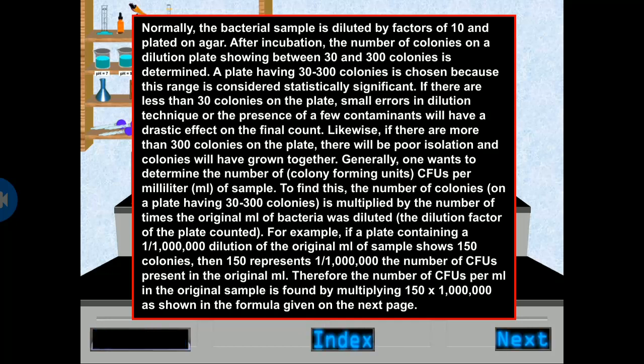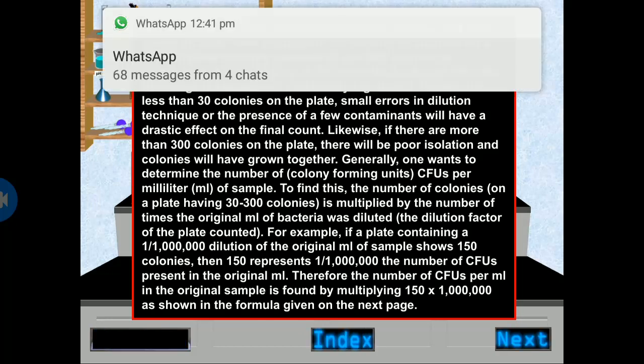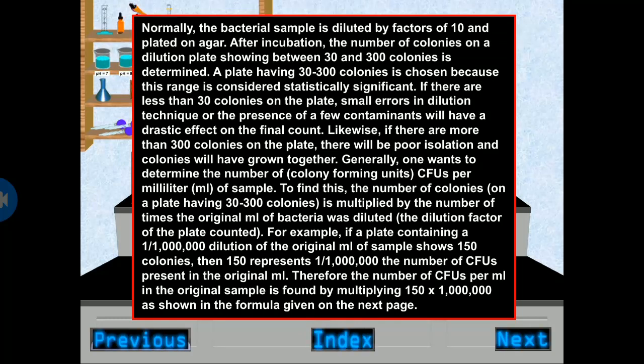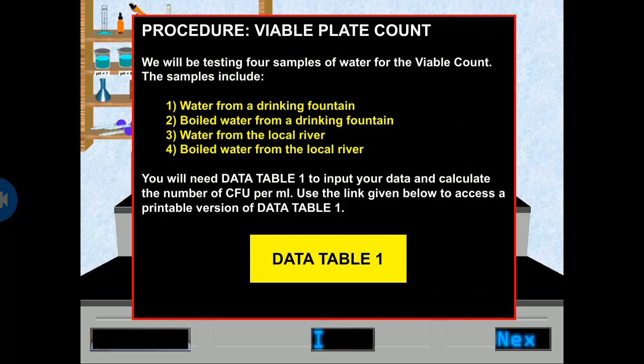In case there are more than 300 colonies on the plate, there will be no pure isolation, and colonies will have grown together. Generally one wants to determine the number of colonies per milliliter of sample. To find this, the number of colonies is multiplied by the number of times the original milliliter of bacteria was diluted. This is the procedure that we are going to use in viable plate counts.